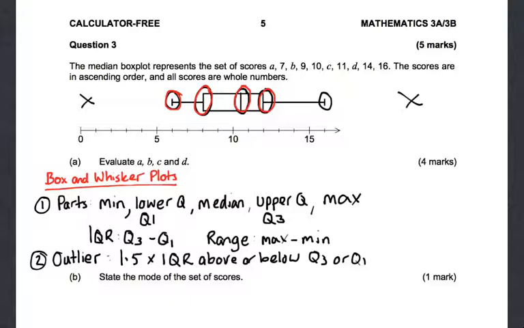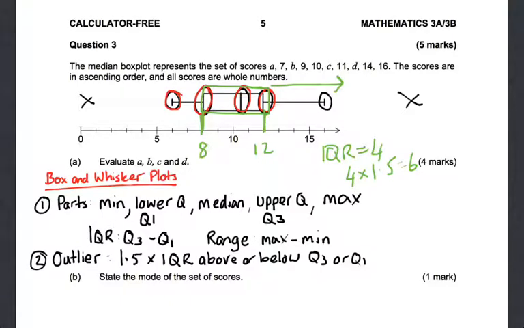Okay, so what that basically means is, if I change to a different colour, go green, to find out if a score is an outlier or not, what we do is we first of all work out the interquartile range, which is the upper quartile value, so in this case it's 12, take away the lower quartile value, in this case it's 8, so the interquartile range in this case would be 4, IQR equals 4. Then we multiply that by 1.5, so 4 times 1.5 just so happens to be 6, and we're testing to see if a score is 6 units above the upper quartile.